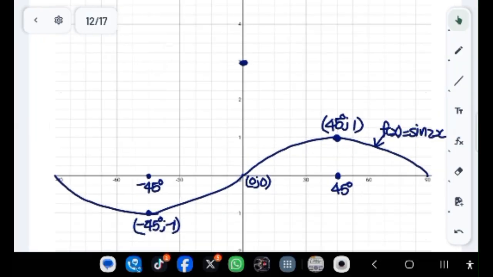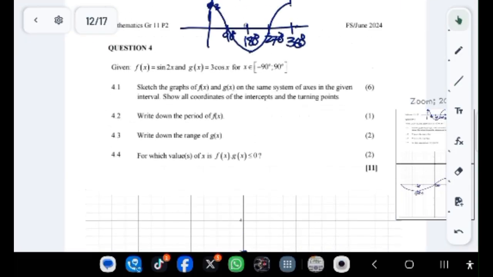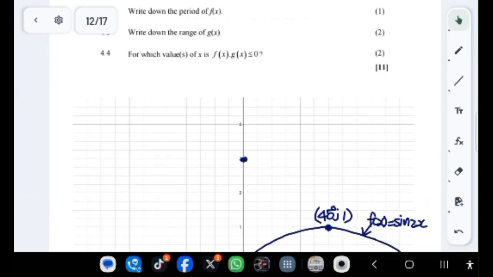Okay, now let's draw the graph of 3 cos of x.